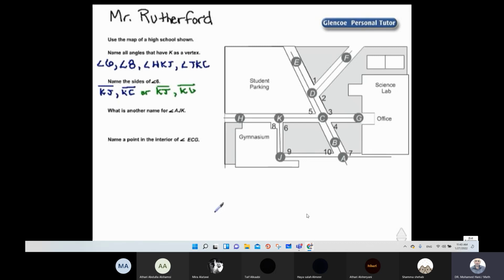What is another name for angle AJK? So here's angle AJK. First, notice we have the possibility of naming this angle 9. We could also name this angle J. And finally, we can reverse the order, and we can say that this is angle KJA.